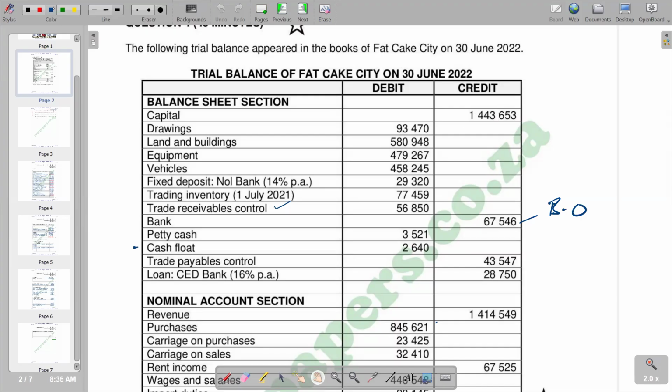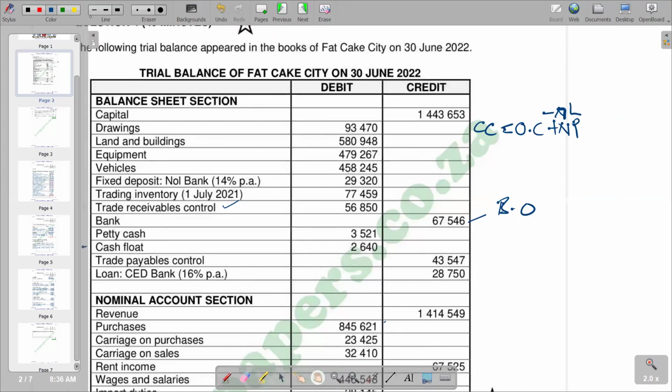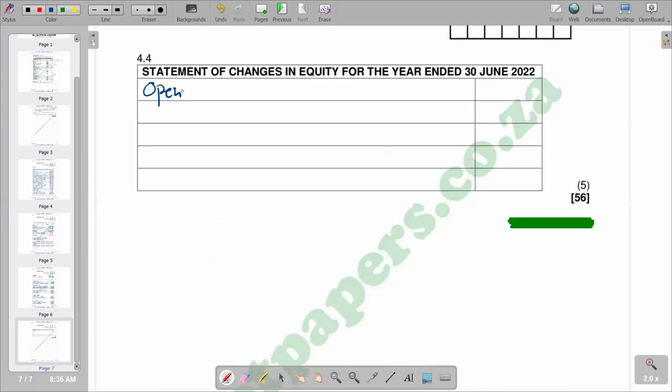Remember, to calculate our closing capital, we start with our opening capital. So here we can say balance at the beginning, and we can put 1 July 2021.